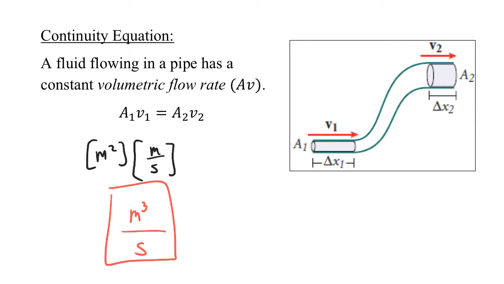Volume is meters cubed, right? So if I take area times velocity, I get meters cubed per second. Meters cubed is volume, second is time, so it's volume over time. Volumetric flow rate. So if you want to, put this at the end. It's not on your equation sheet.